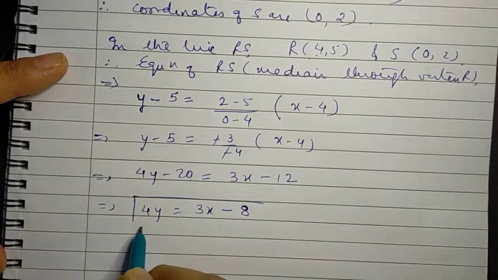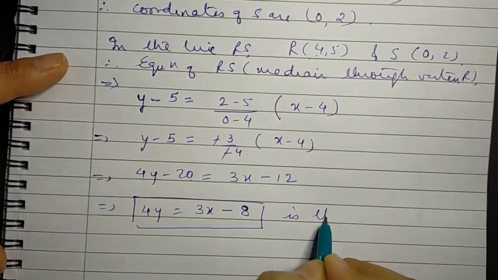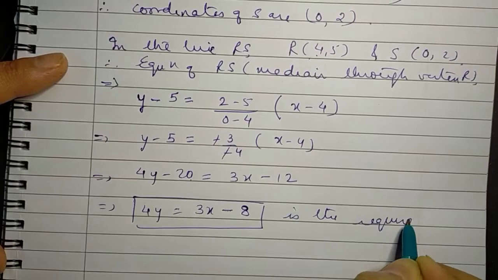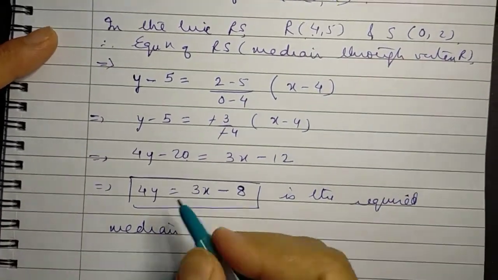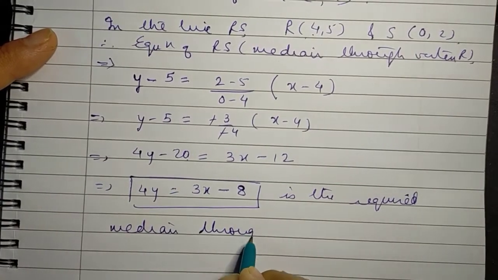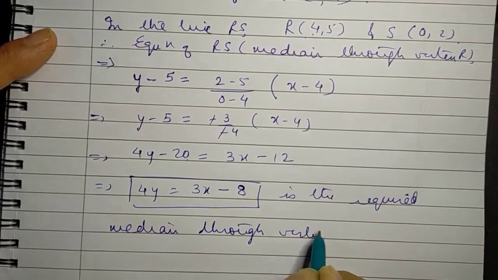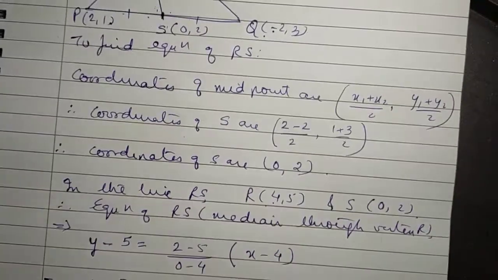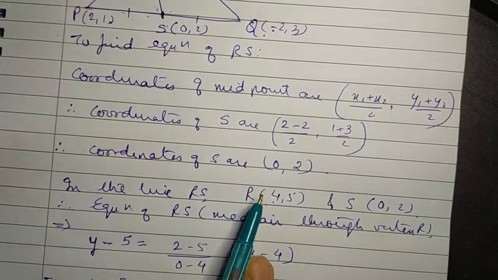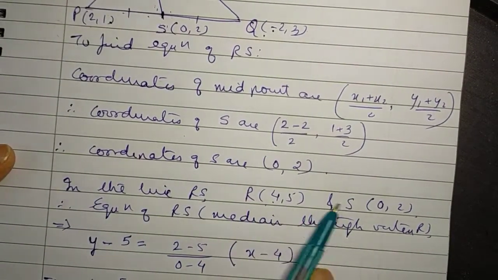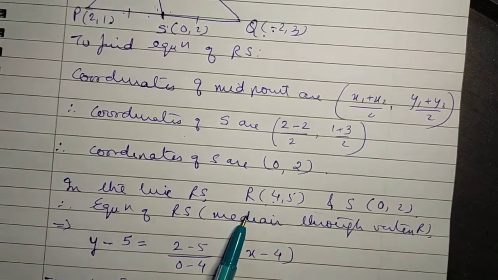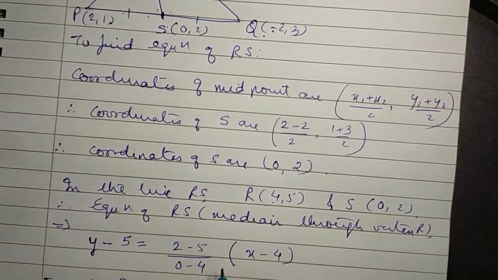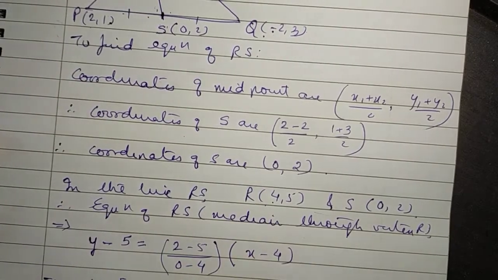This is the required equation, the required median through the vertex R. Same way we could have done here at this stage. We could have found out the slope using these 2 points and then found the point slope form, the required equation. So either ways we can solve it.